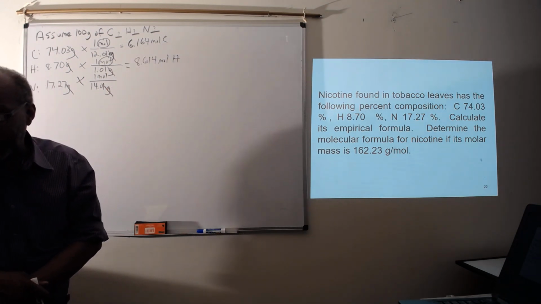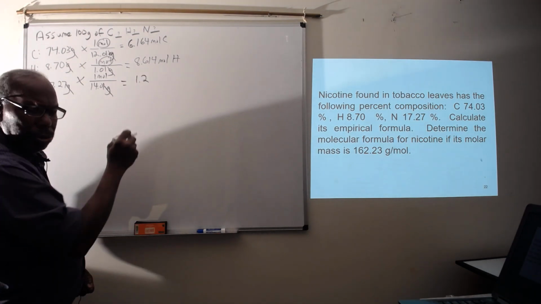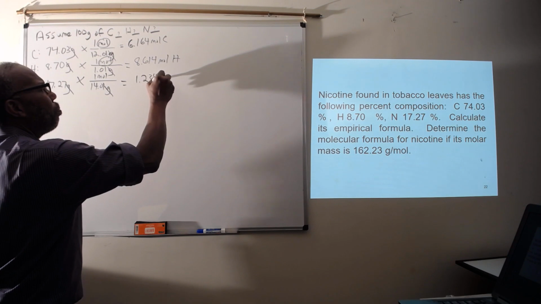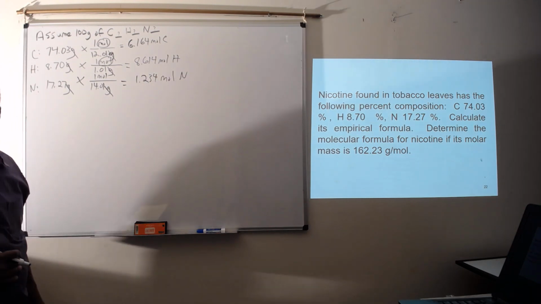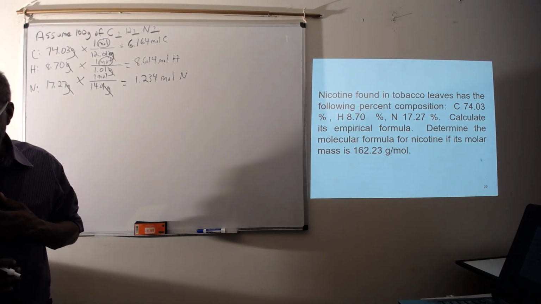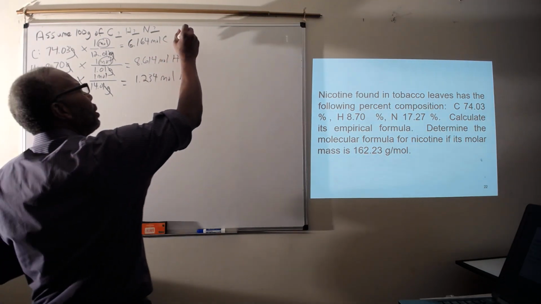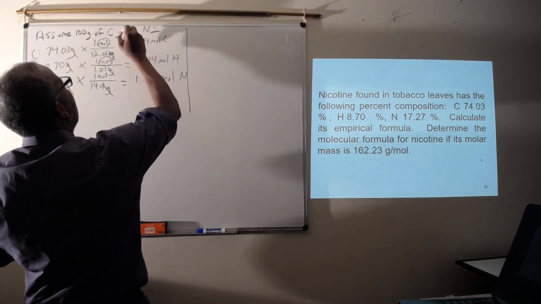That gives us something like 1.234 moles of nitrogen. So in order to get the empirical formula, what I like to do is to go from there.